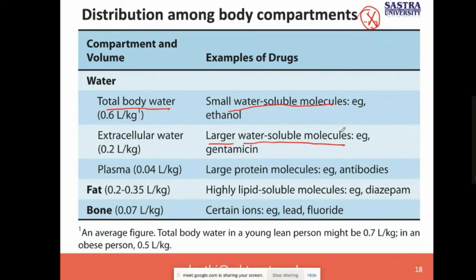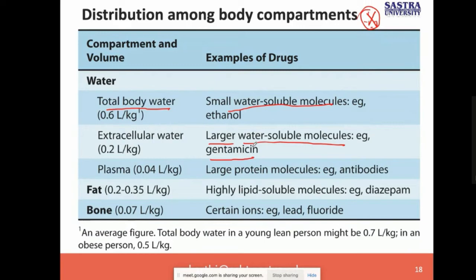This means drug molecules having more polar functional groups that enhance water solubility. An example is gentamicin, an antibiotic drug molecule. If you look at the structure of gentamicin, its molecular size is very large. It is a very big drug molecule.